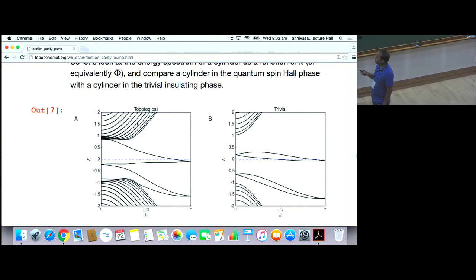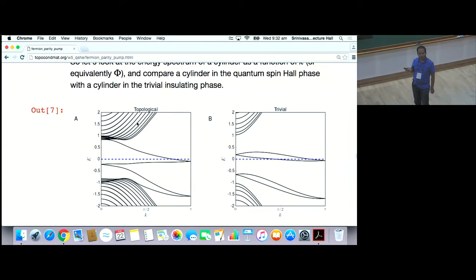And then you ask, okay, so what is the charge transferred between one edge and the other in this case? Yeah. So someone want to try to guess based on this picture? So how many?